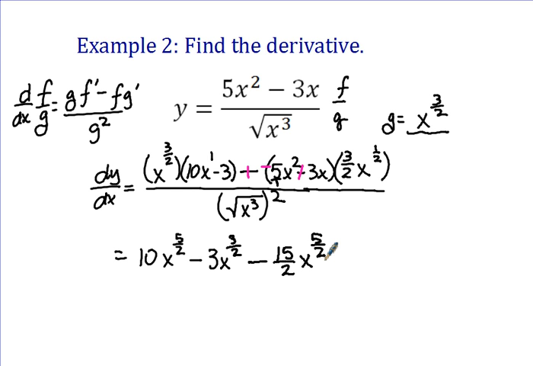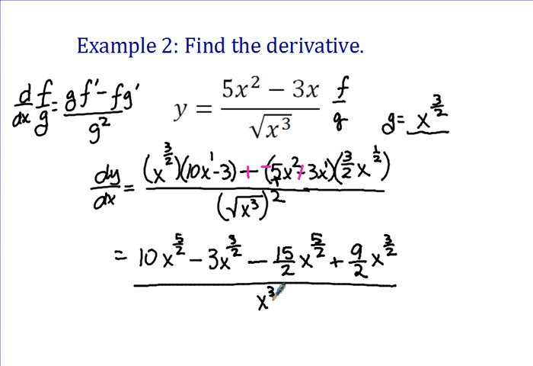And then 3 halves x to the 1 half times 3x. Again, 3 times 3 is 9 over 2. X to the, and 1 plus a half would be 3 halves. And this is all over, actually the square root and the squared would cancel out and we just have x cubed.